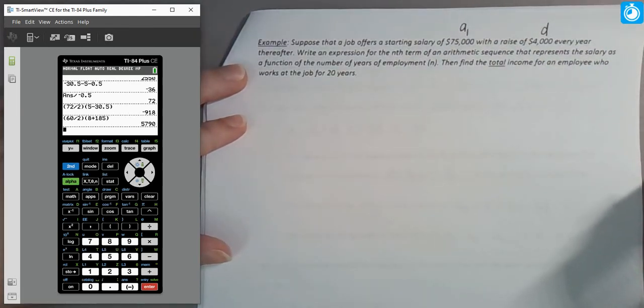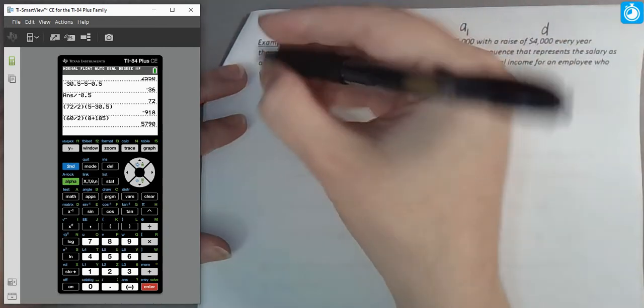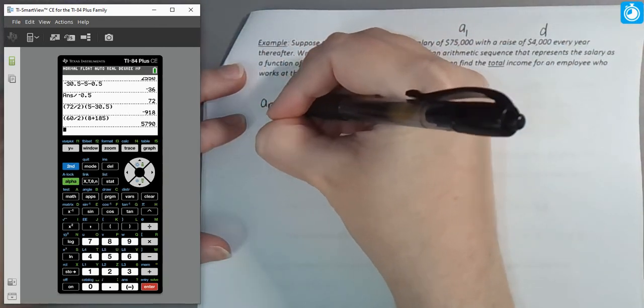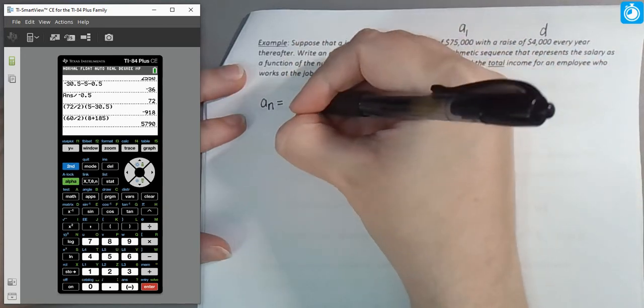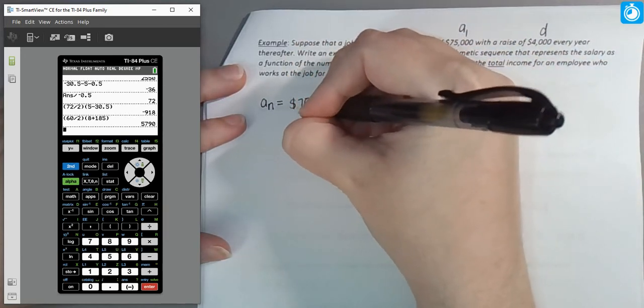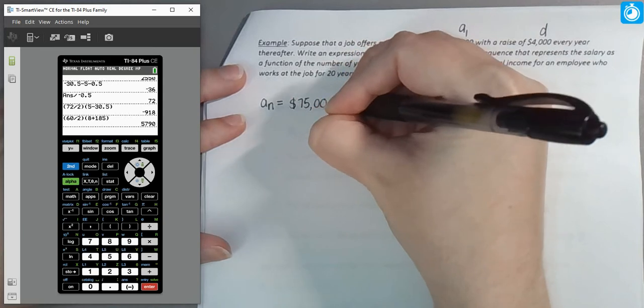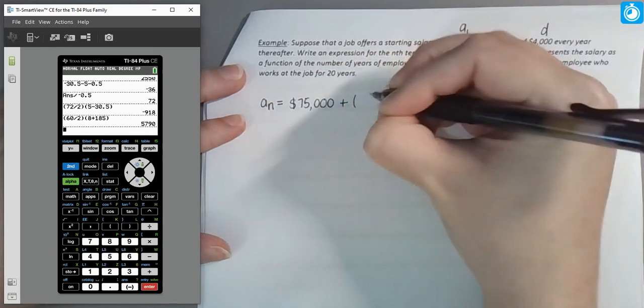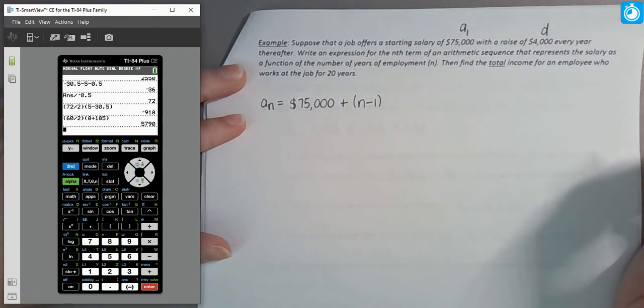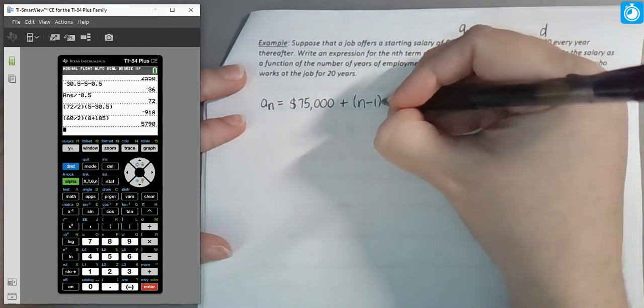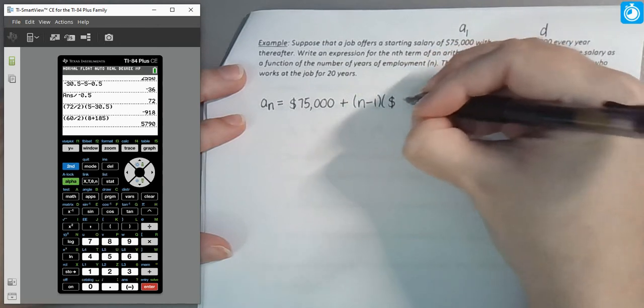So based on that, we can write the nth term, and the nth term is going to represent the total salary we make in a particular year. So a sub n in this case is going to be a sub 1, which is $75,000, plus n minus 1, where n is the number of years, times $4,000.